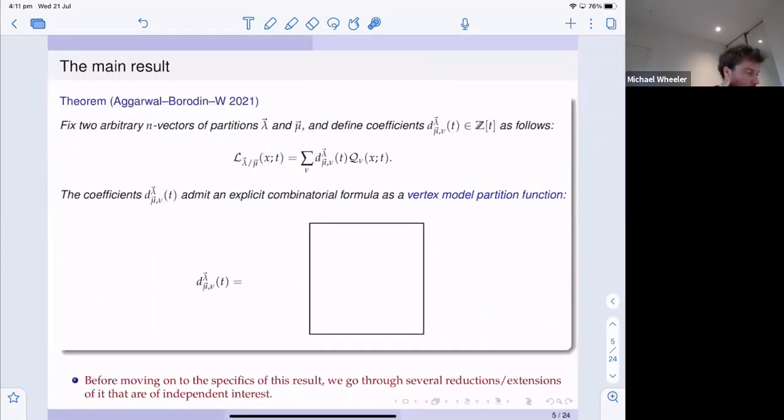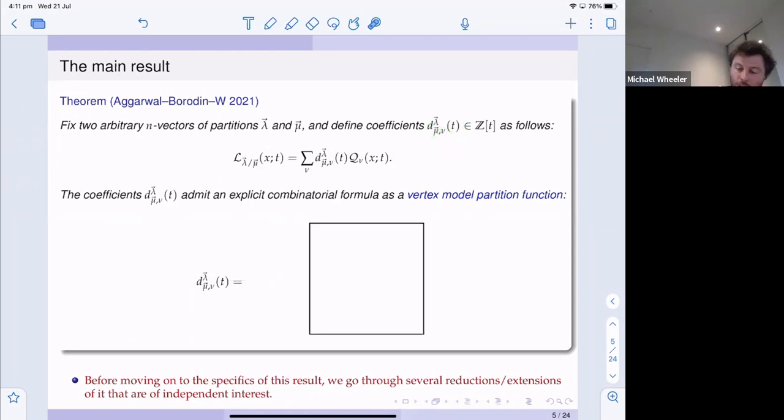So here's the main result, or at least the first time that we will see it. Again, I'm not going to state it in the specific version now. I'll just give you a snapshot of the result. So we fix two n vectors of partitions, lambda and mu, and we'll define coefficients now that are indexed by effectively three partitions. I have the two vectors here, and then I have a third partition nu.